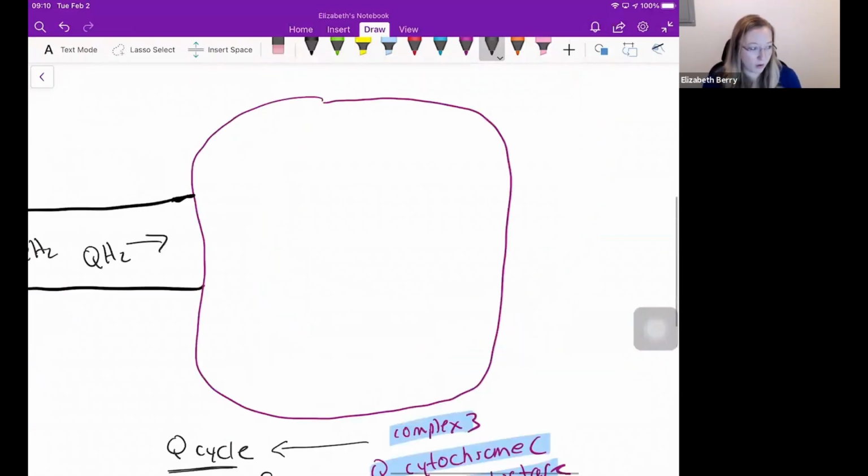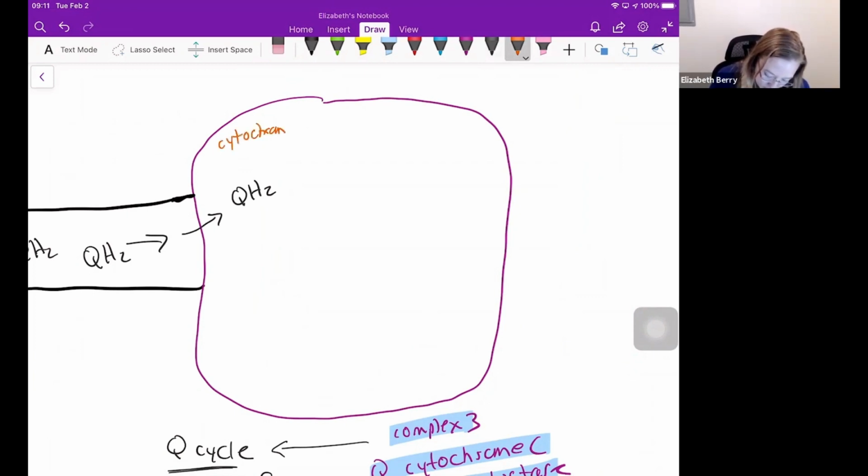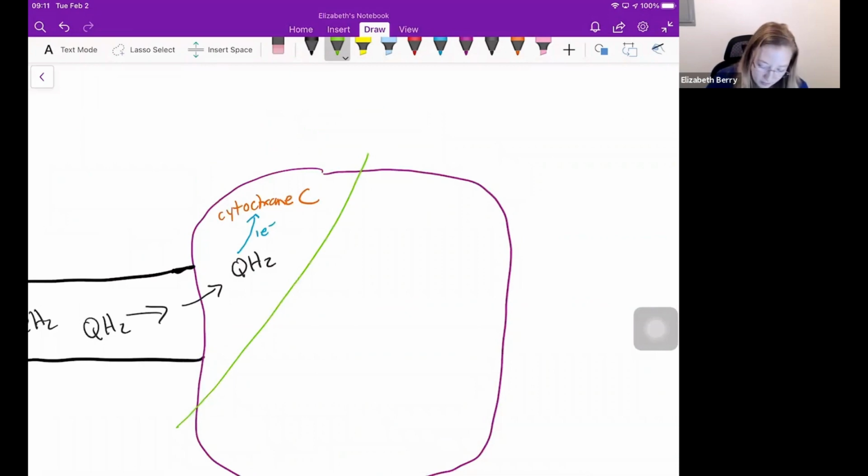So how does this Q cycle work? Like I said, we have our first Q coming in. So it's reduced, right? We have our QH2, and we have a cytochrome C. For the cytochrome C, we're going to get the donation of 1 electron to the cytochrome C. The donation of 1 electron allows the complex to pump 2 protons.